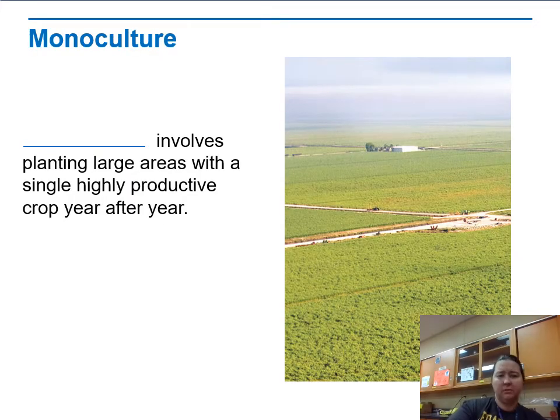Monoculture is where we're planting the same crop year after year after year on such a large scale. Mono means one, culture, cultivating it, growing, agriculture, all of those things. Crop rotation was a huge thing back during early American history.